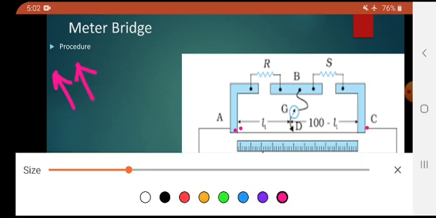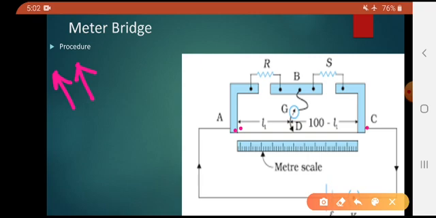In another case, you touch at A, it shows right, and when you touch at C, it shows right. These two cases are also wrong. The connections made are wrong.